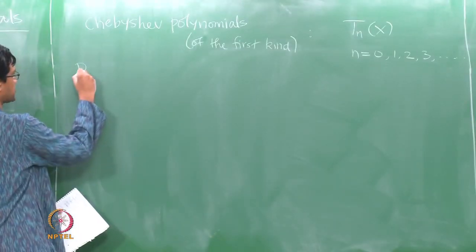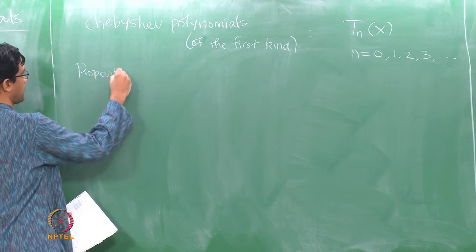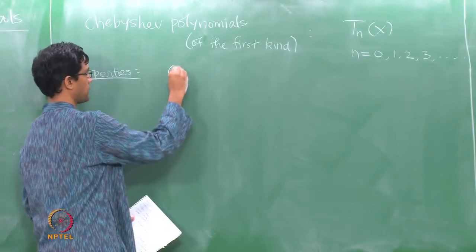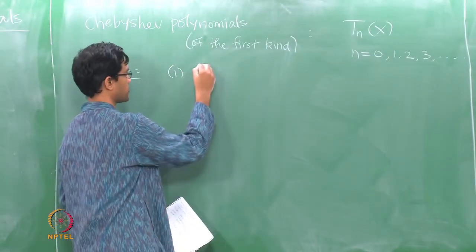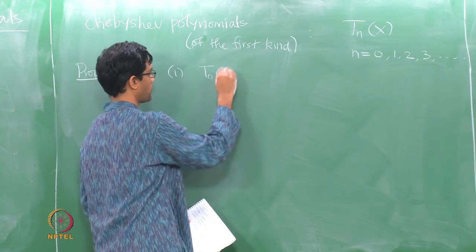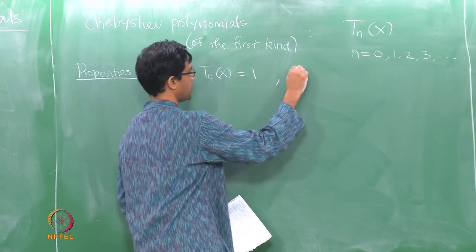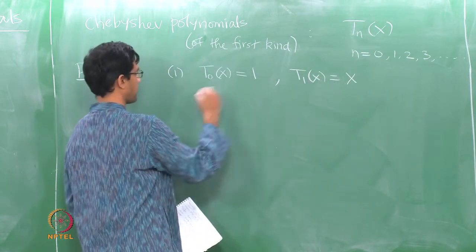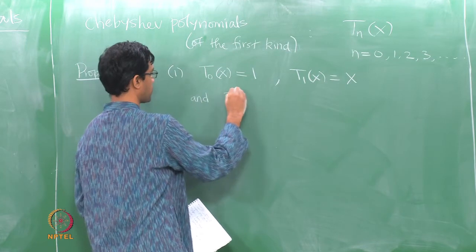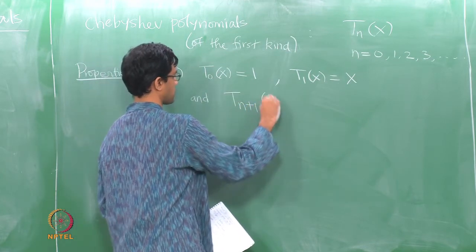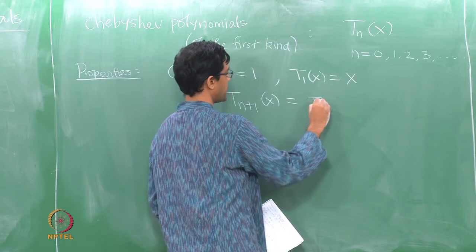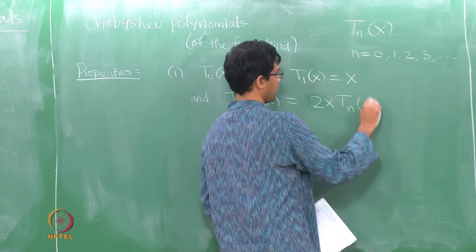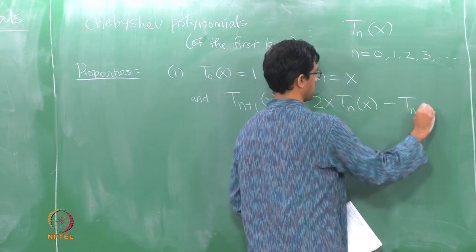Now what are the main properties that we have encountered so far? Well, the first thing is that they satisfy a recurrence relation. That's one of its most important properties. T0 is 1, T1 is x, and if you wanted to know what Tn plus 1 was, you could get it in terms of the two preceding values of T. So you multiply Tn by 2x and you subtract Tn minus 1.